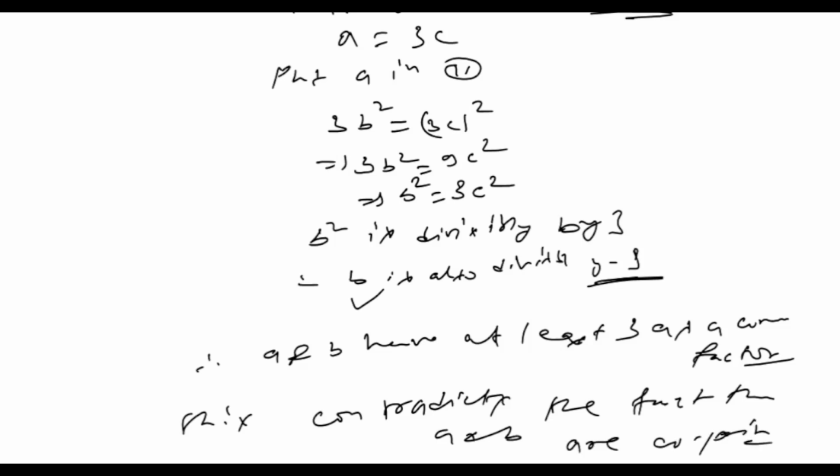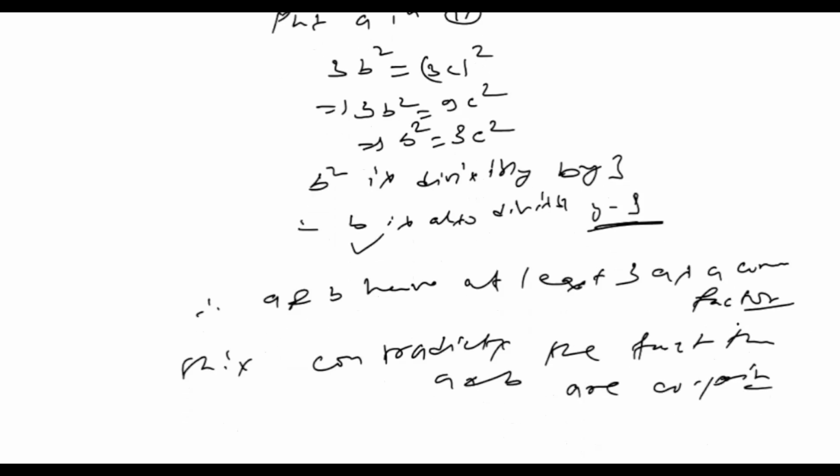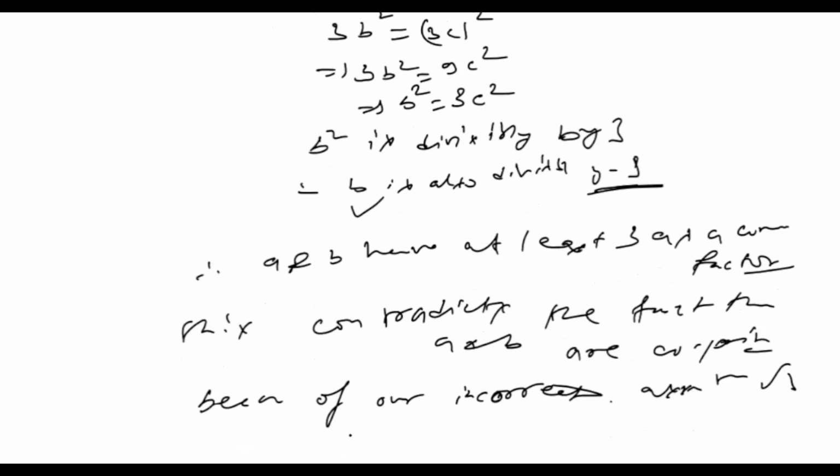This contradiction has arisen because of our incorrect assumption that root 3 is rational.